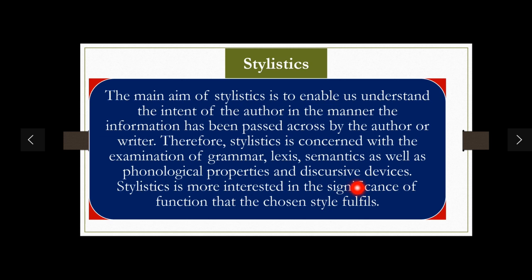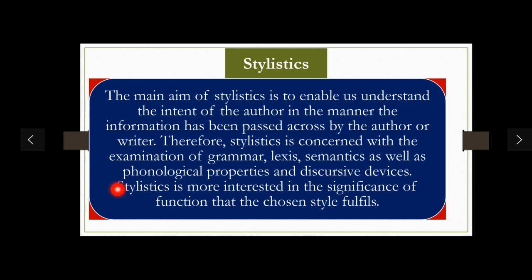and the discursive devices. Now, stylistics is more interested in the significance of function rather than form. One, we have form of language, and one, we have function of language. Form can be the same, but functions can be different, right? Sometimes the writer uses different kinds of forms in order to produce different kinds of function, because when you change the form, you can also change the function.